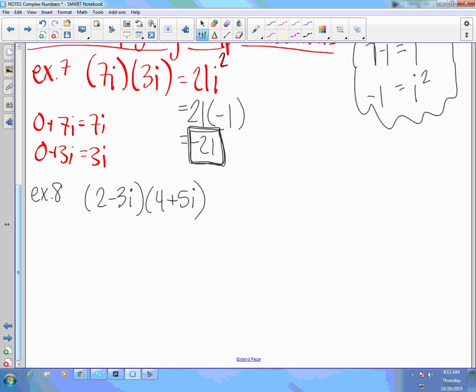Stand up when you think you have the answer. And all of your I squareds have been changed to negative ones, and it's in proper form A plus BI. One more step.